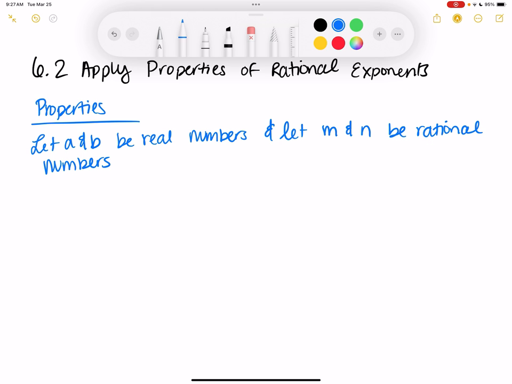All these properties are going to be the same as the properties that you're used to. Sometimes I don't even write them, but I'm just going to rewrite them. I'm not going to give them their names, but just write how they would all work.